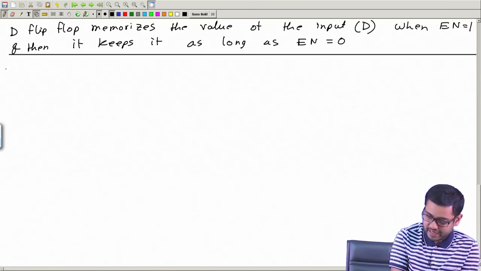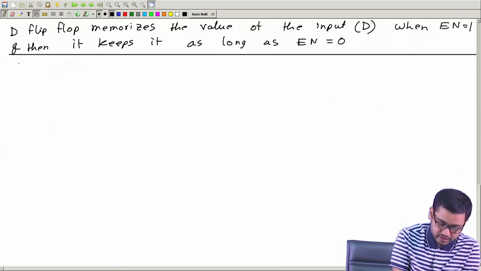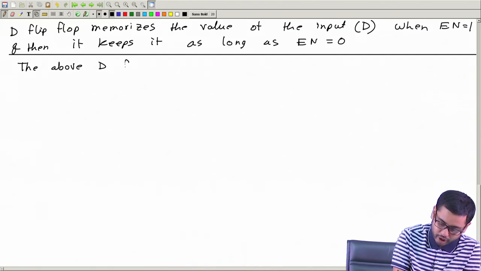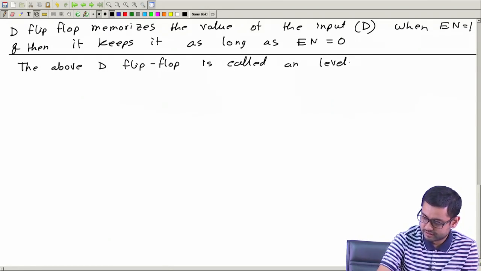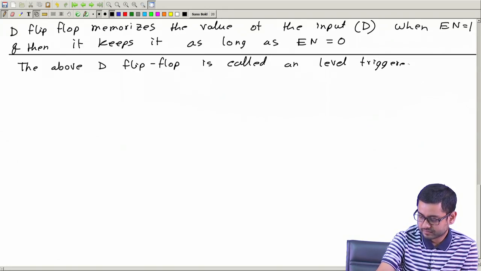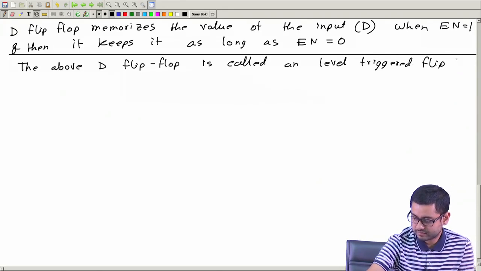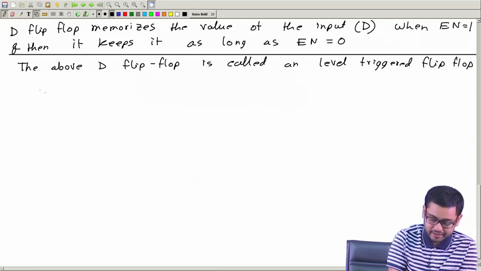Before that, the above D flip flop or data flip flop is called a level triggered or level enabled flip flop. Why?